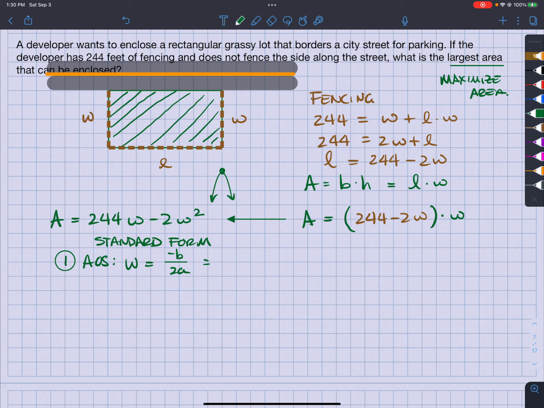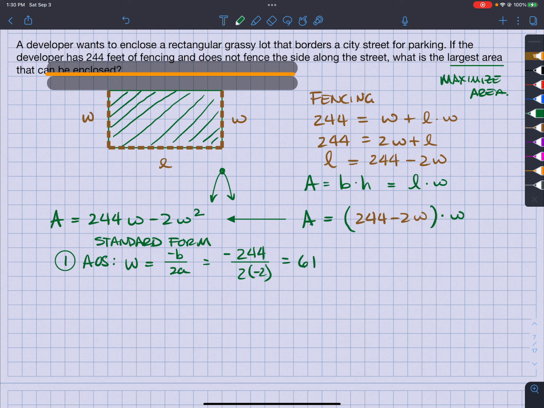The B here is 244, and the A is negative 2, so the B is negative, so I have negative 244 divided by 2 times negative 2. What am I going to get there? I'm going to get 61. Does that make sense? Yes, 4 goes into 24 6 times, leaving a 4 left over, and 4 divided by 4 is 1. So I get a positive 61, which is my axis of symmetry, and that is my W.